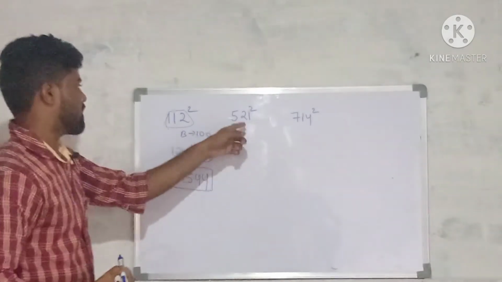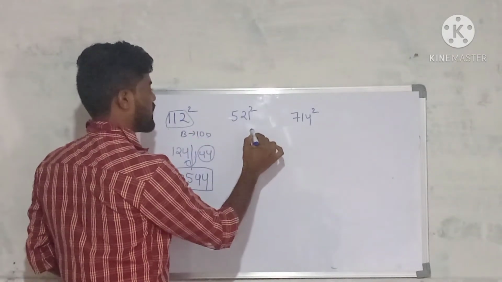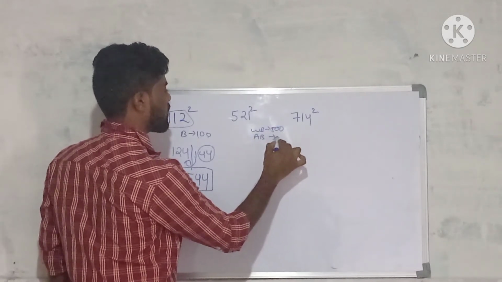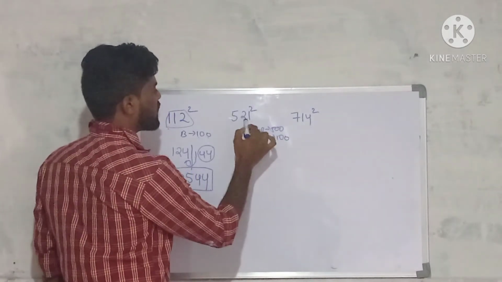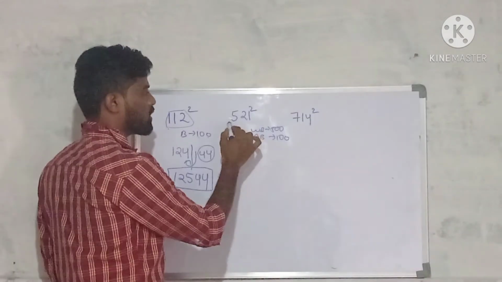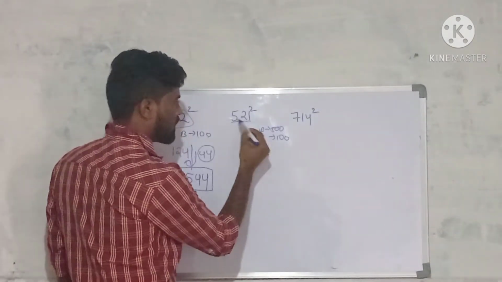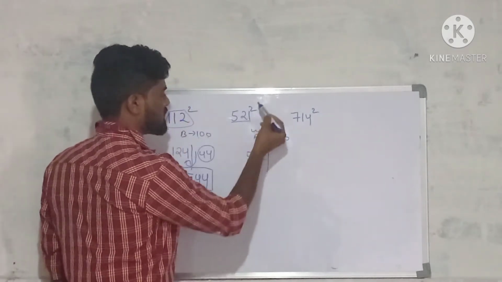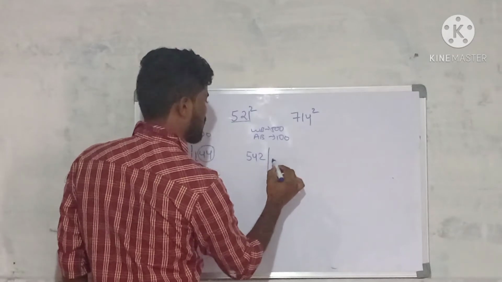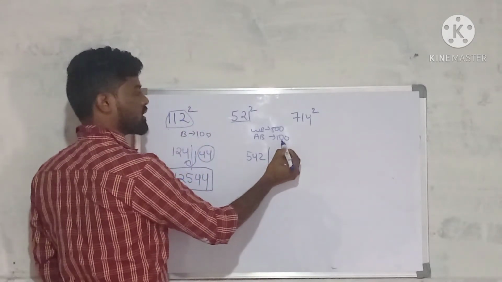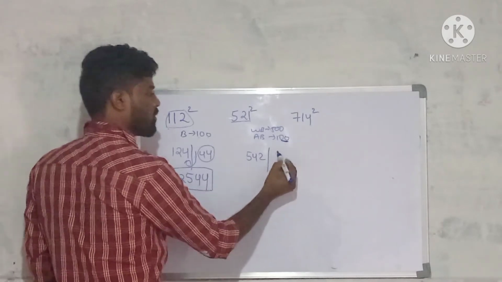Let's see 521 square. Here working base 500, actual base 100. It is 21 more than 500. That means we have to add 21 to this number. 521 plus 21, 542. 21 square 441. Since there are 2 zeros in the base, we have to put only 2 digits.